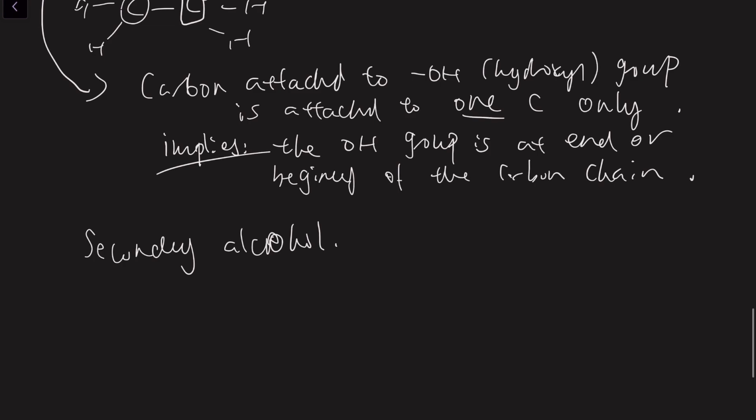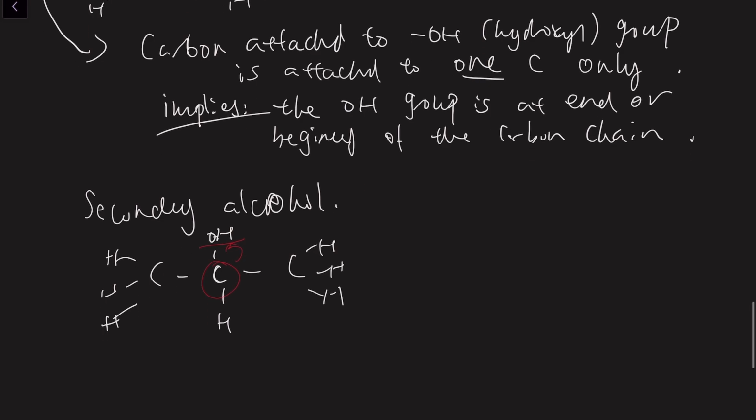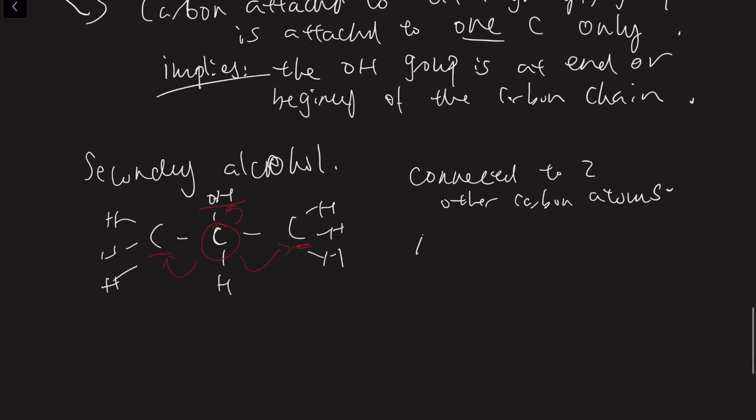So a secondary alcohol looks like this. It is when the carbon that is attached to the hydroxyl functional group is connected to two other carbon atoms. So this means it is at the middle of the chain.